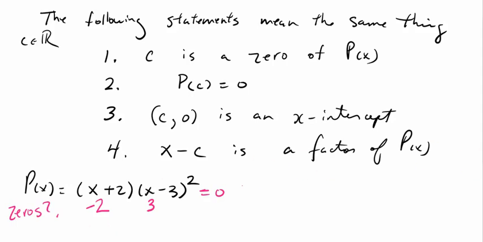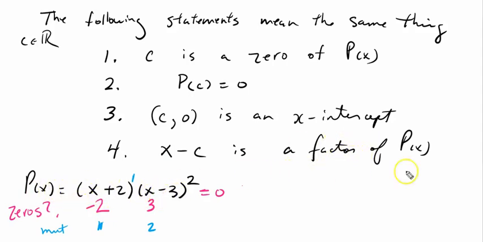Okay. Now, what about the multiplicity? The multiplicity of negative 2 is 1, and the multiplicity of 3 is 2. Okay. But negative 2 is a zero means the same thing as x minus negative 2 is a factor, and you can certainly see that x plus 2, x minus negative 2, is a factor. 3 is a zero, x minus 3 is a factor of p.